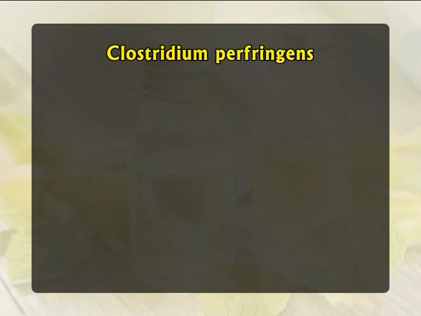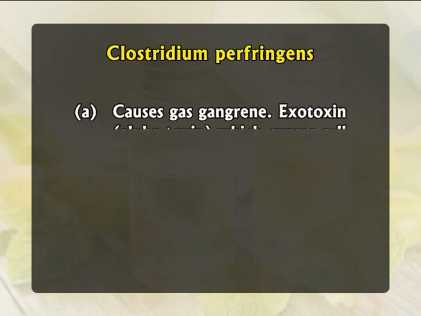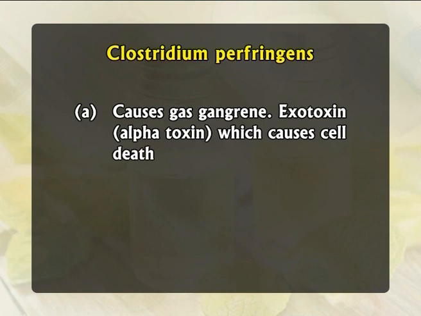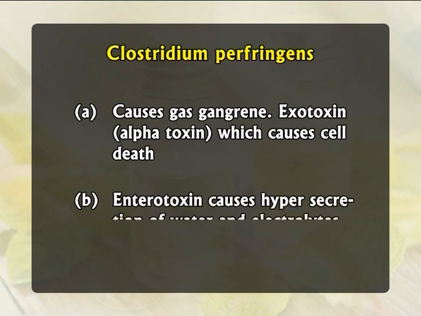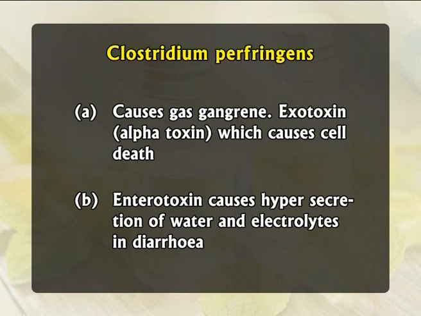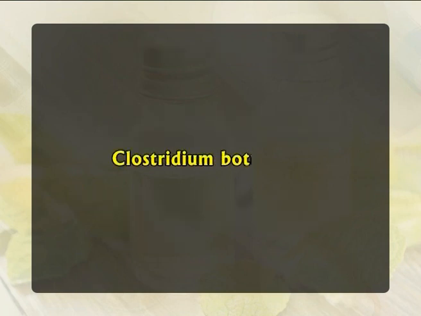Clostridium perfringens causes gas gangrene. Exotoxin is called alpha toxin, which causes cell death. Enterotoxin causes hypersecretion of water and electrolytes in diarrhea. Clostridium botulinum.